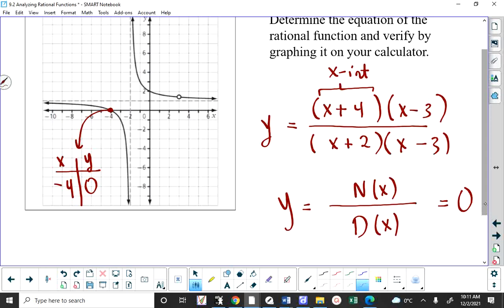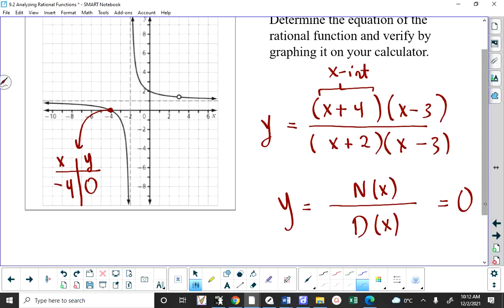Why is there no x-intercept at 3? I just said that any factor in the numerator produces an x-intercept. Fine. It cancels. So now the rules get more complicated. If you have a factor in the denominator that does not cancel, I call it a lone factor, there's a vertical asymptote.